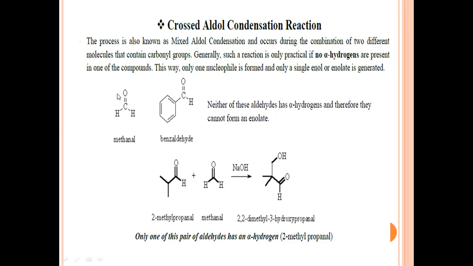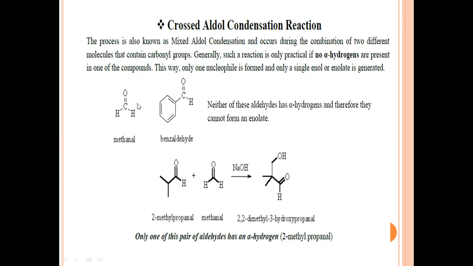Now, for the aldol condensation, we require the presence of alpha hydrogen atom. But in the case of crossed aldol condensation, or mixed aldol condensation, we select the second compound, or one of the compounds, in which there is an absence of alpha hydrogen atom. No alpha hydrogen atom is present.